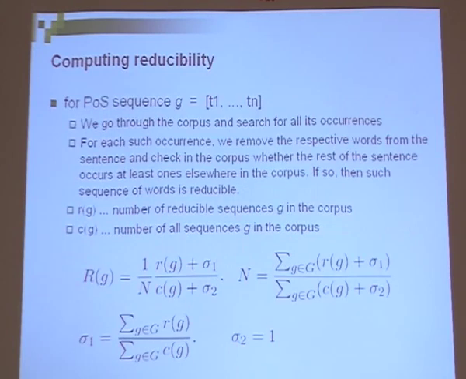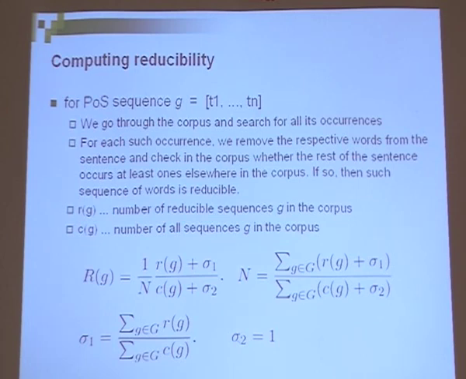So how do I compute this reducibility? If I have a part of speech tag or part of speech sequence, an n-gram of part of speech, for example, the bigram preposition noun, I go through the corpus and search for all these bigrams, preposition noun.